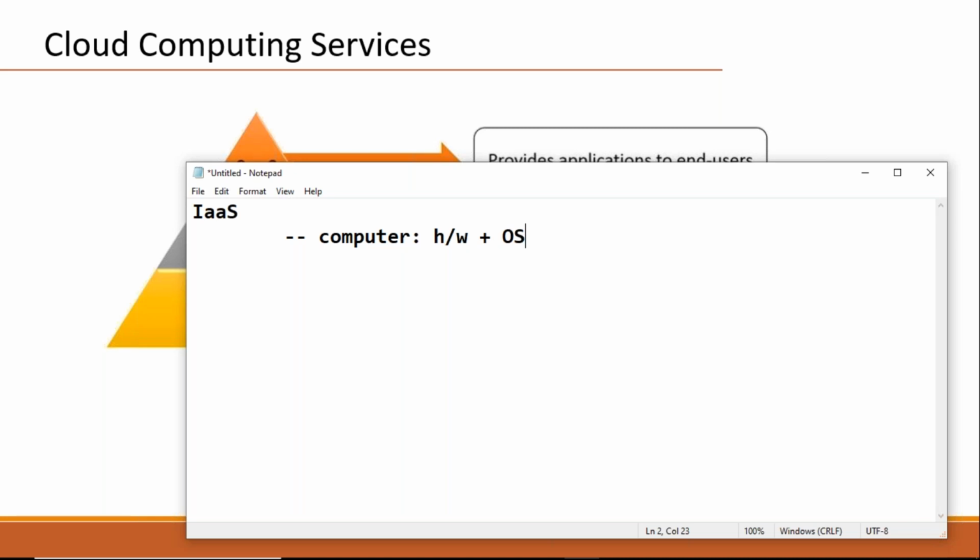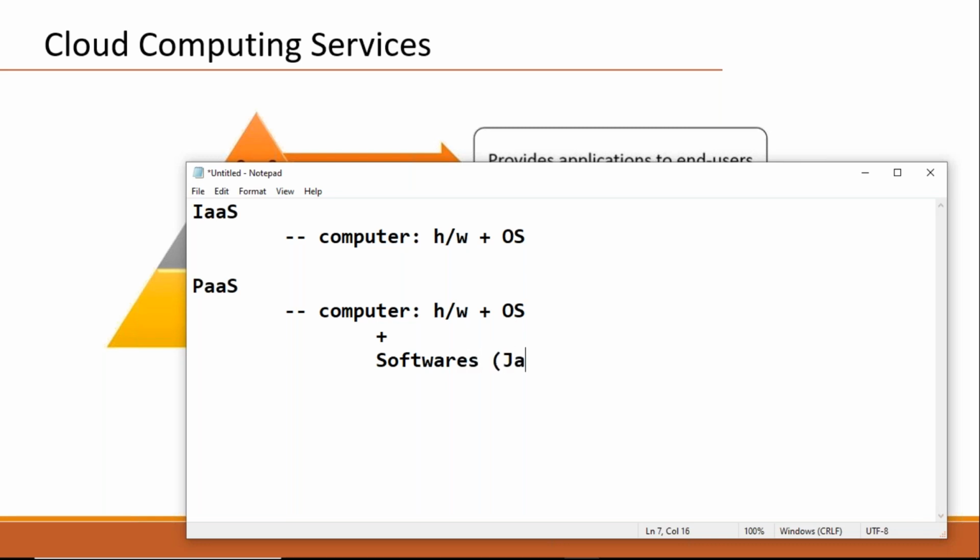Later we have to create the platform, which platform we need to start working with. That's why remember, in case of PaaS, what is there? We have the system, means computer, means hardware plus OS, everything. Hardware plus OS. Plus softwares are also there here.